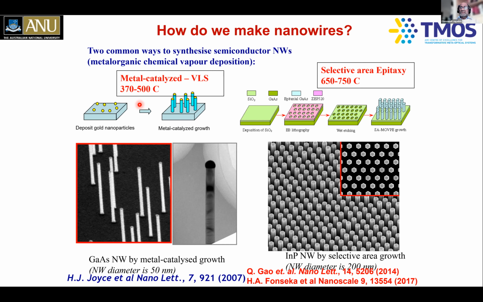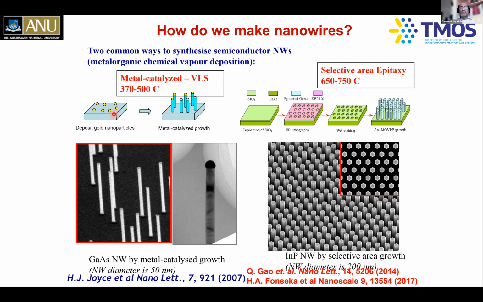The gold typically has a melting temperature of more than 1000 degrees Celsius. But if you react the gold with gallium or aluminum or indium, the alloy of gold and gallium, for example, has a melting temperature as low as 350 degrees Celsius. Same with gallium indium or gallium aluminum as well.